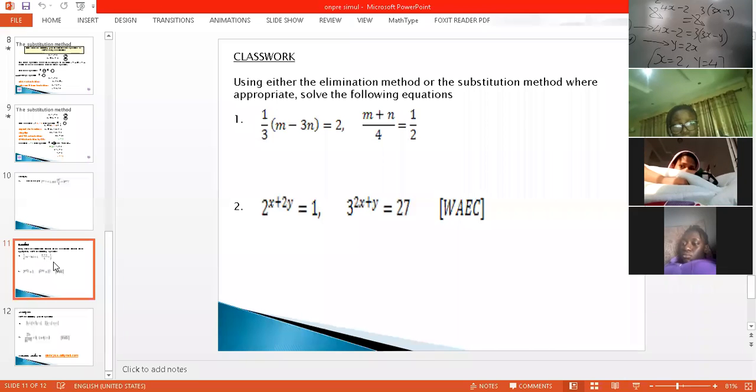Have you copied the classwork? Copy the classwork and solve it using the substitution method.